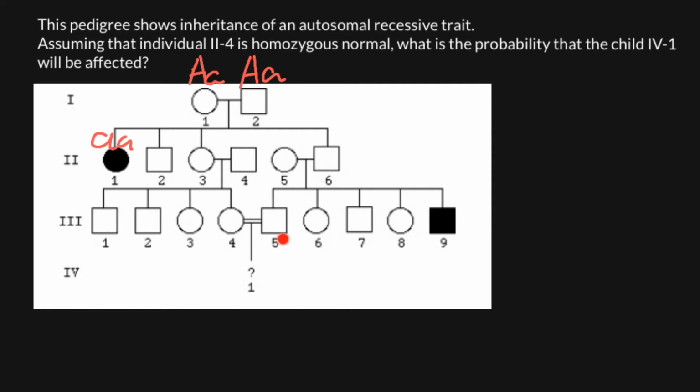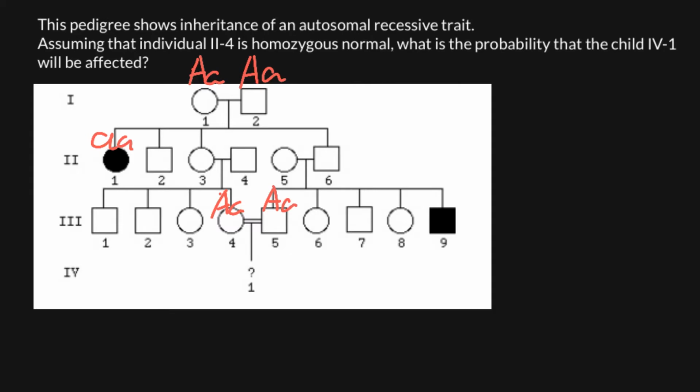So now we have to find the probability for, in the third generation, individual 4, the female, and individual 5, the male, to be heterozygous, so to have the genotype capital A small a.